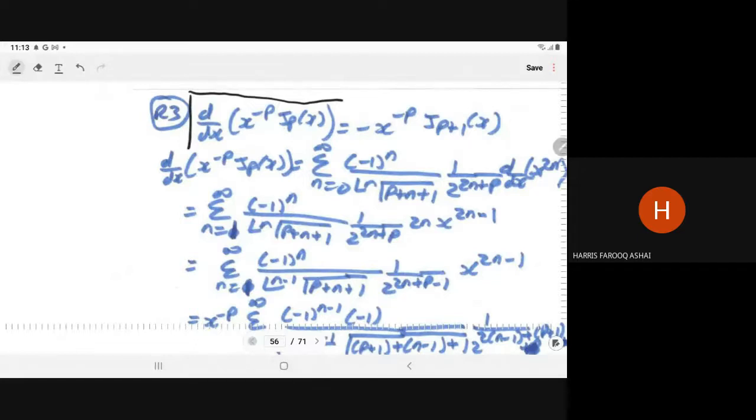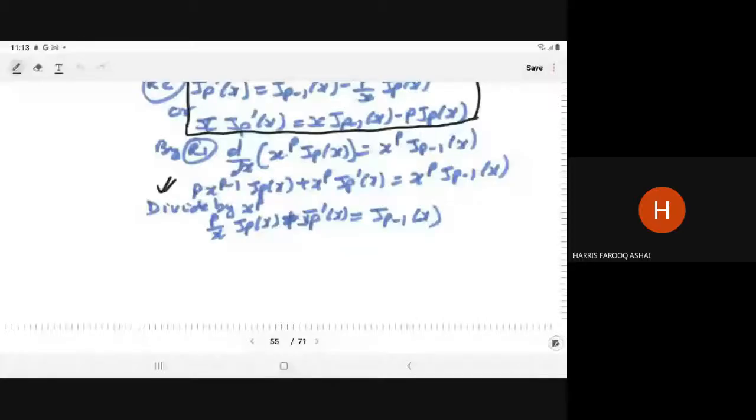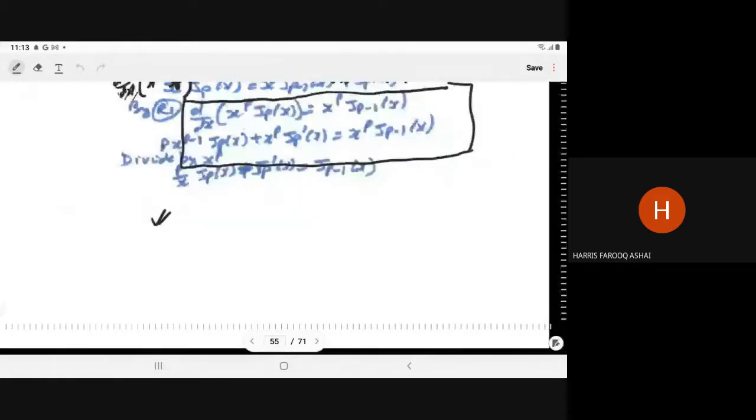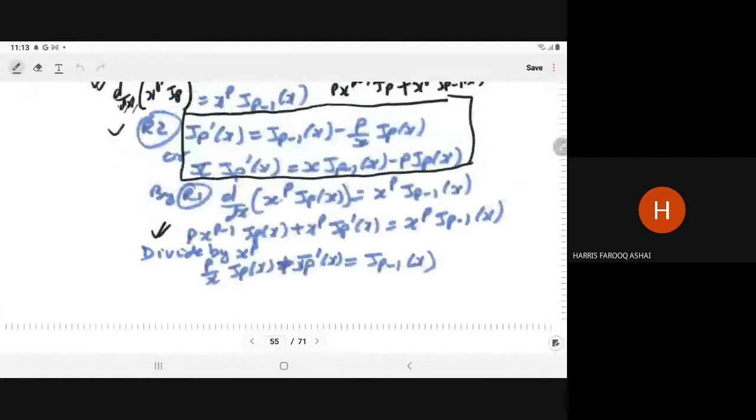Just showing, no problem. If I'm going fast, you ask me to stop. This is R2 only. Divide by x to power p and the same relation you will get. Clear?